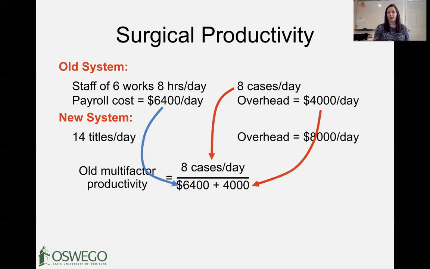Now let's look at it from a multi-factor standpoint, because if we're just looking at labor hours, that doesn't take into account the fact that we're now using this medical technology that is doubling our overhead in the operating room each day.